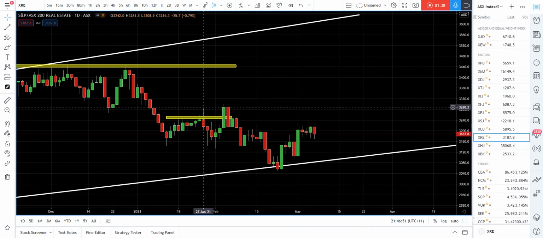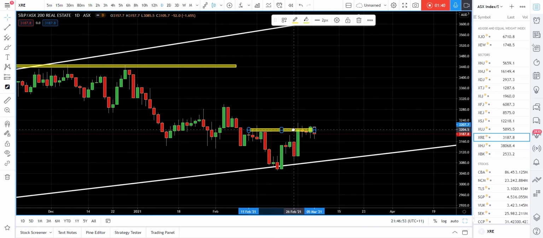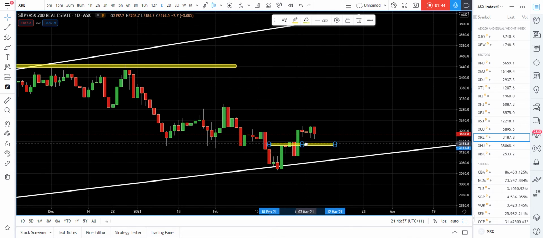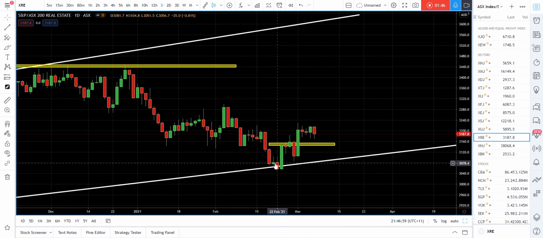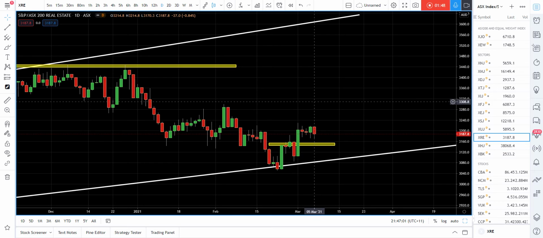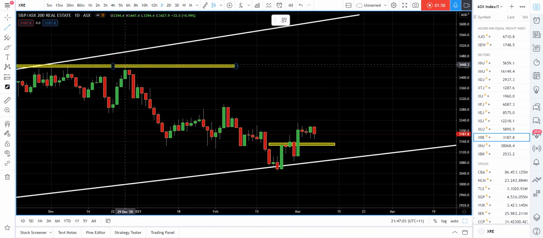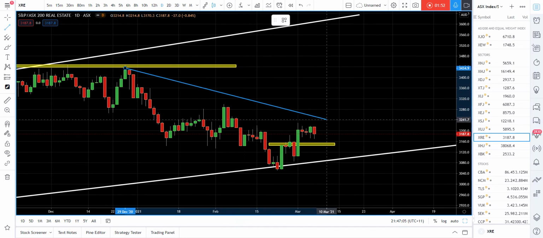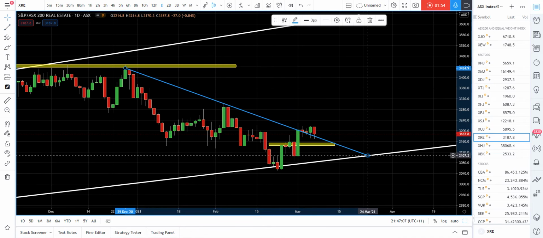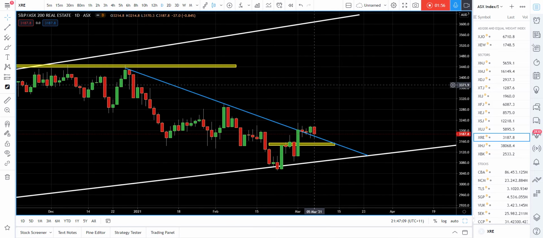Let's draw something here, as close as possible to the lower boundary, and we had a breakout. It is definitely a bullish trend at the moment for this sector, bullish and fresh as well, just starting. So expect more bullishness in the long term.